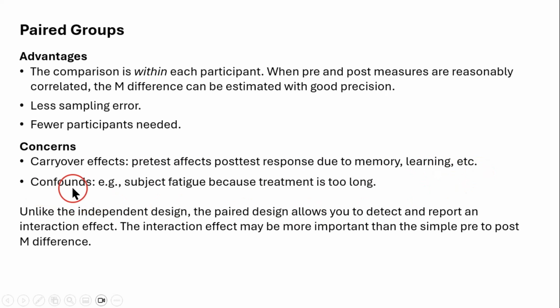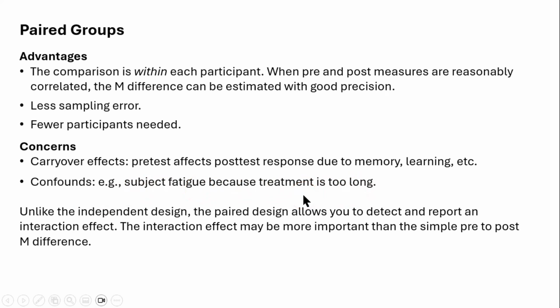The other is confounding, where there's an unwanted influence on the responses that you're obtaining in your study. So, for example, one would be subject fatigue because the treatment is too long.